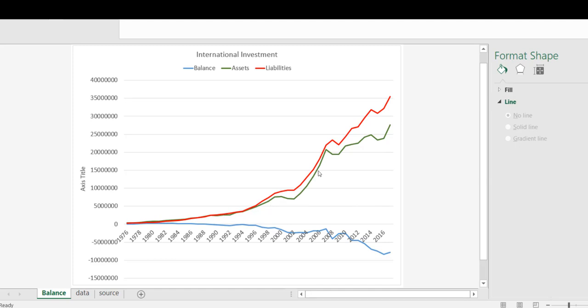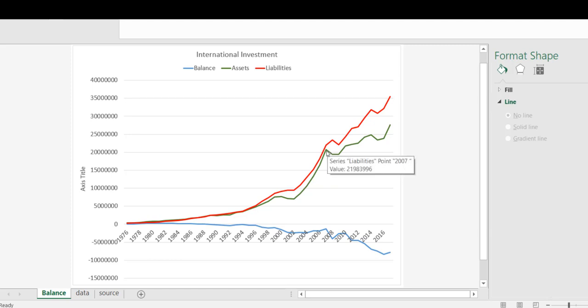See that the pattern is pretty much the same in assets and liabilities, meaning that we have been owning increasingly more foreign assets, but foreigners have also been buying increasingly more domestic assets. The pattern of the difference has changed after 2006, 2008, the Great Recession.